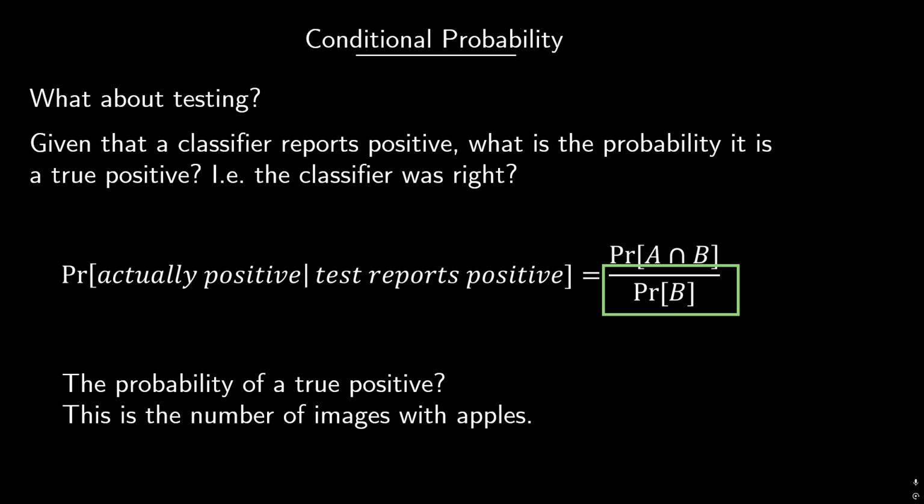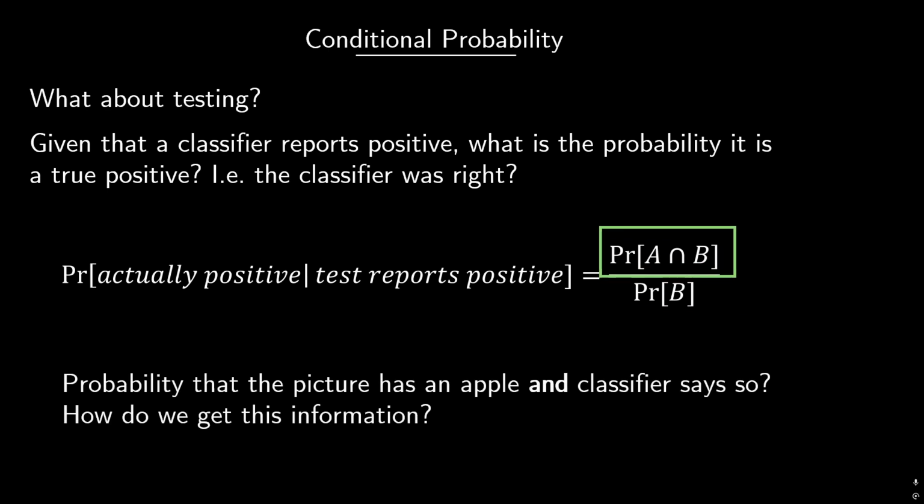So there are a few things you might want to think about. The probability of B by itself is the probability that it's actually positive. So what is this? This is just the number of images that have apples. And the probability of A intersect B is the probability that a picture has an apple and the classifier says so.